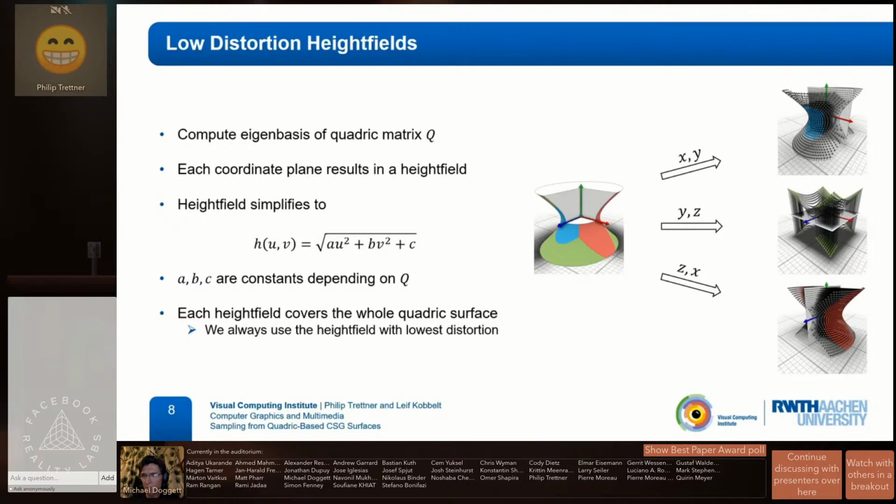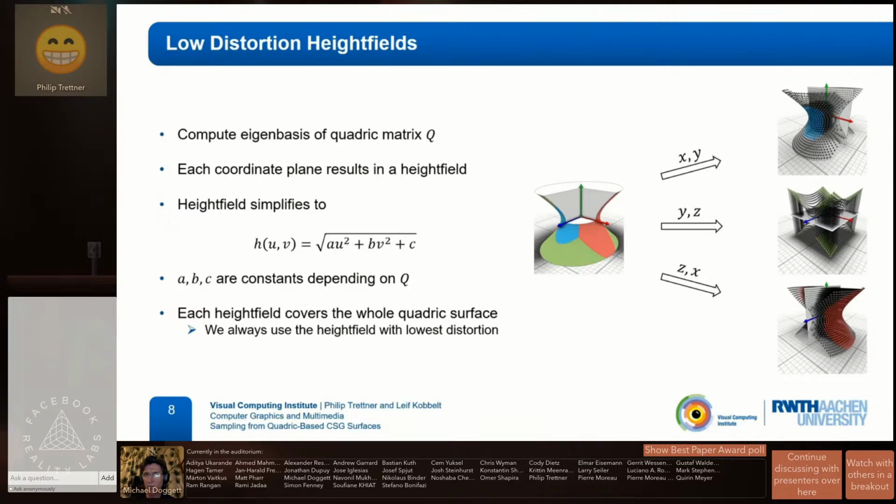And similar to how triplanar projection mapping works, we now strive to only take those regions that have the lowest distortion. So we take the parts of the height fields that are the lowest distortion region from the set of the 3 possible height fields.